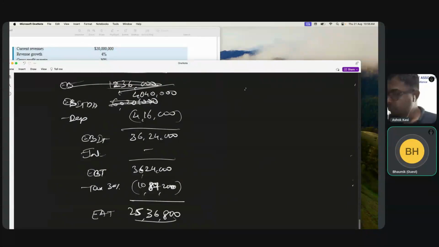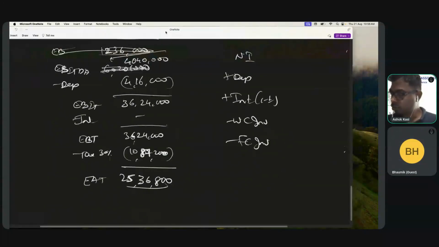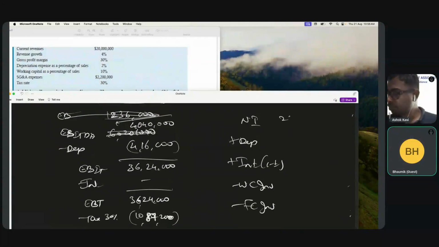So free cash flow to the firm is net income plus depreciation plus interest minus working capital minus fixed capital. So net income is 2,536,800. Depreciation is 416,000.